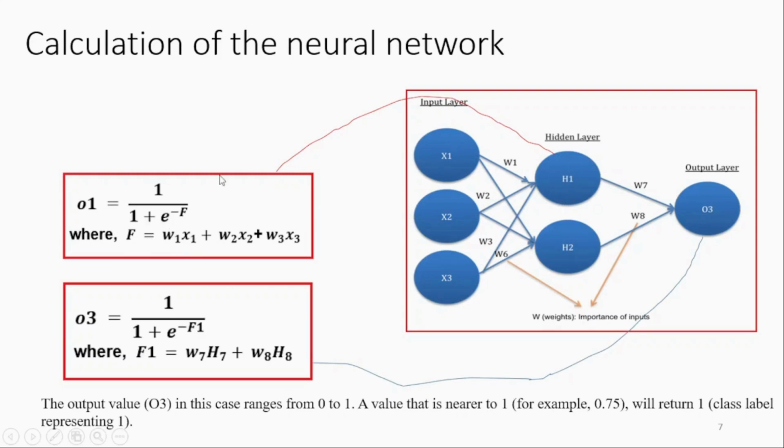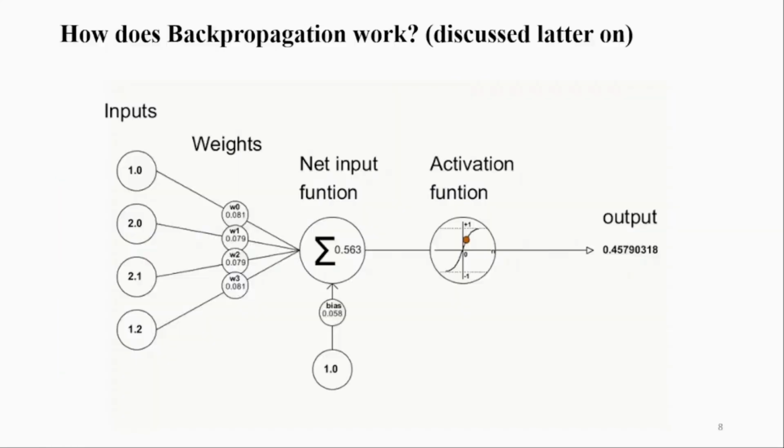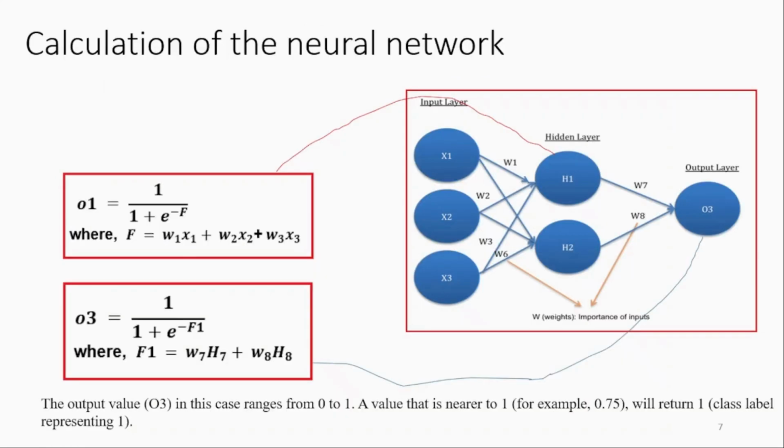At this layer, this activation function will be implemented and calculated like that, and in this output layer, this activation function will be used. If we look at this neural network, it is a feed forward network. Why is it feed forward?